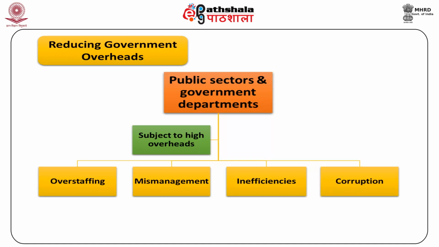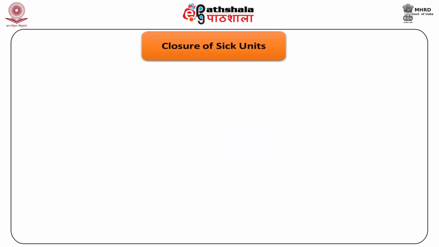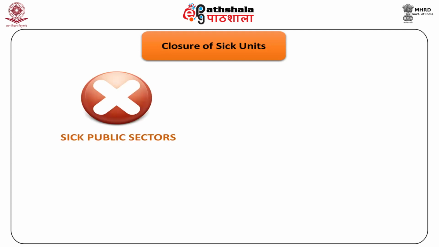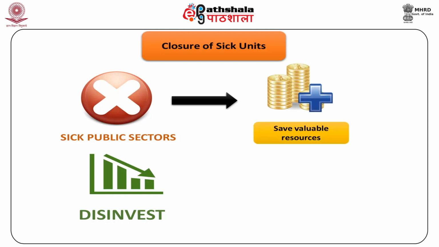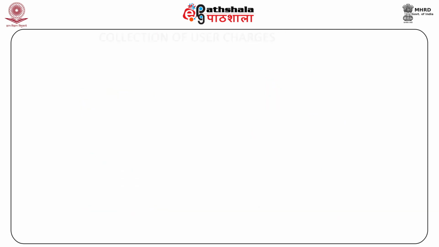There is a need to reduce overheads wherever possible to reduce government expenditure. Closure of sick units. The government needs to close down the sick public sectors or disinvest in them. Closing down non-viable sick units would enable the government to save valuable resources, and disinvestments would generate additional revenue to the government.